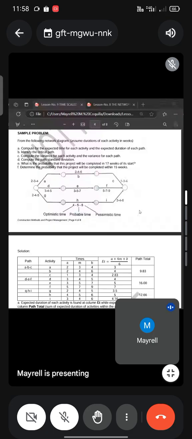So for the solution, let's tabulate it to make it clearer. For example, we have here path ABC.